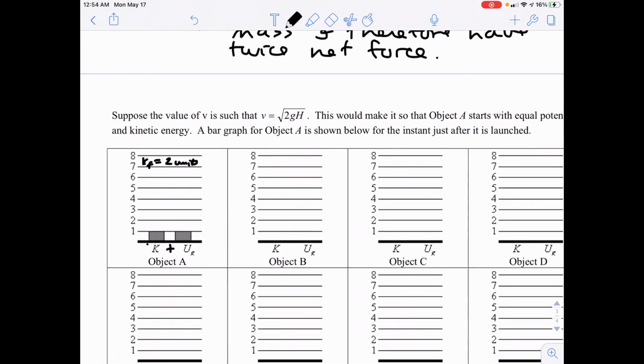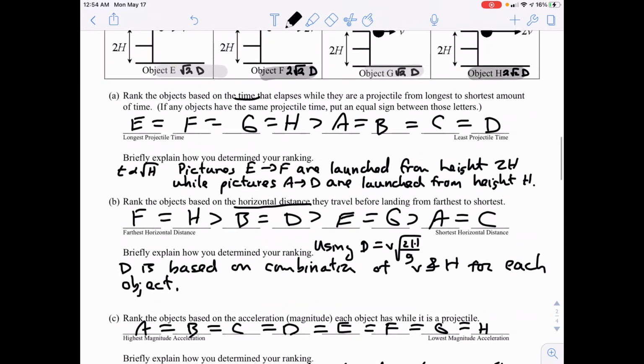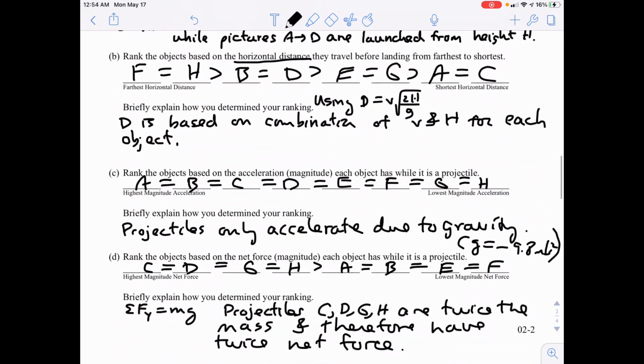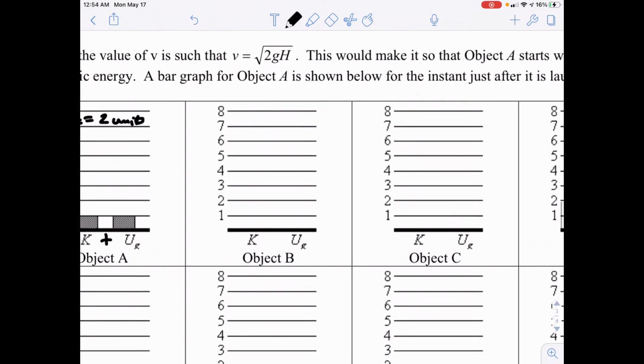Now, for object B, let's take a look at what's going on. Object B, we're moving twice the distance. What's the kinetic energy going to be like? We're focusing on kinetic and potential energy, mind you. Well, we're going for height h, and it's m, so it's mgh, it's going to be 1 unit of potential energy.